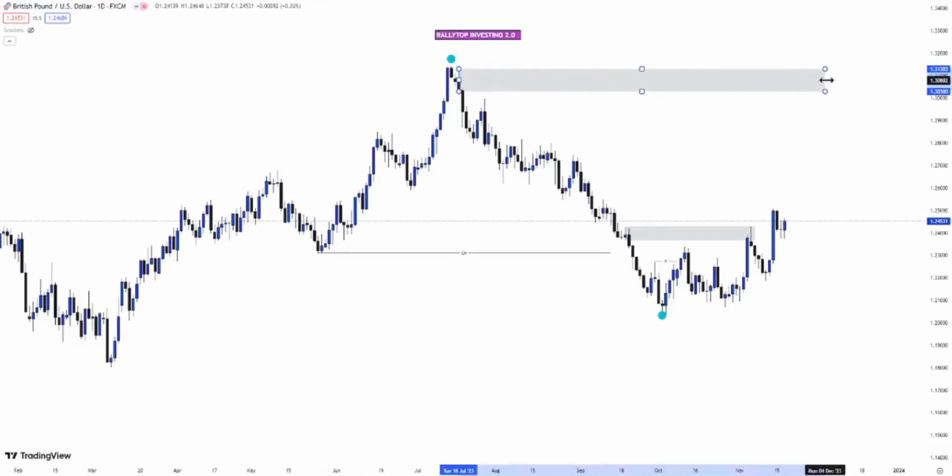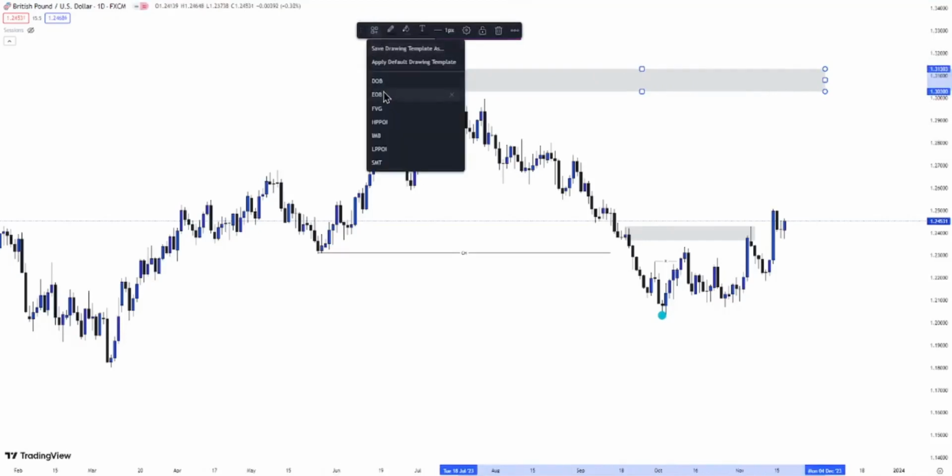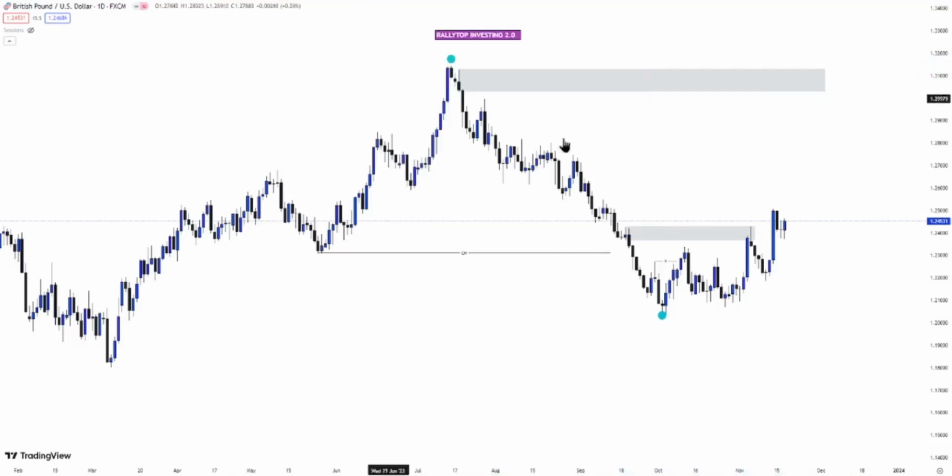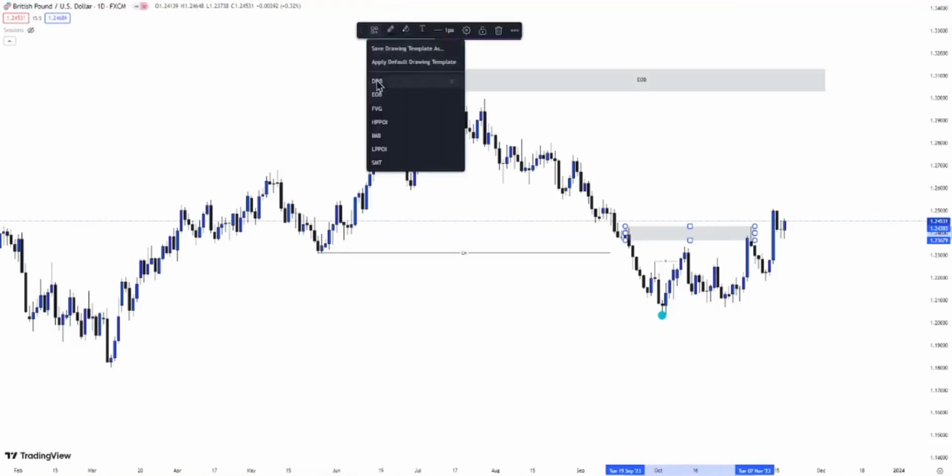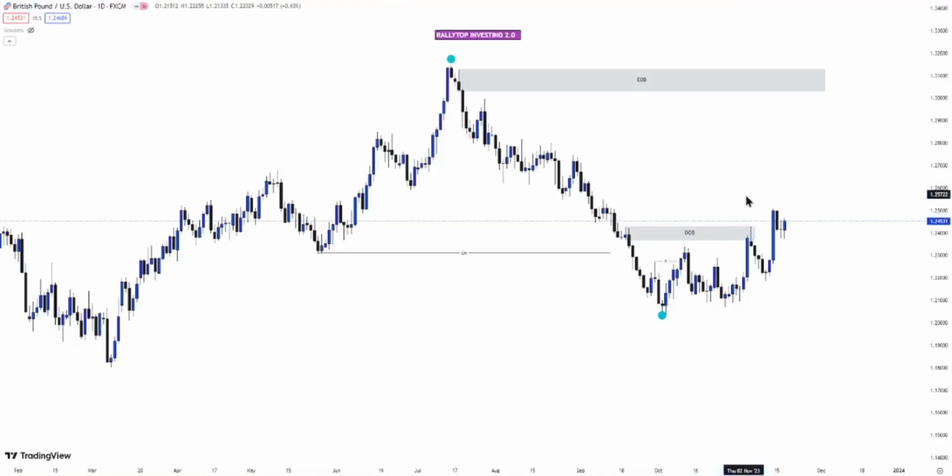And I said price is free to travel up all the way to this EOB. This is your EOB in the market, guys, and this one is your DOB. I told you that your DOB is a low probability zone, and as you can see, price tapped into that DOB and came down, and we look at it that, okay, so where do we want to take this trade?